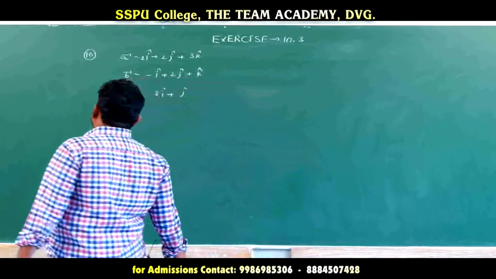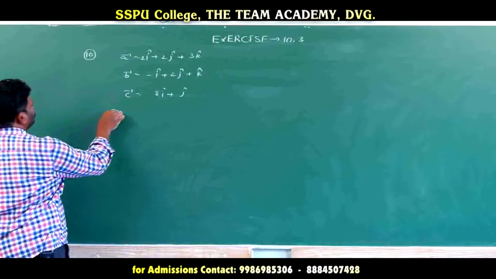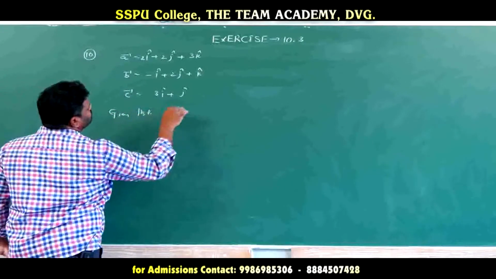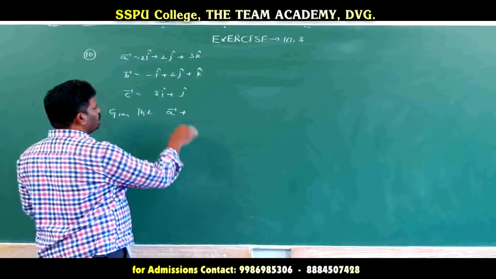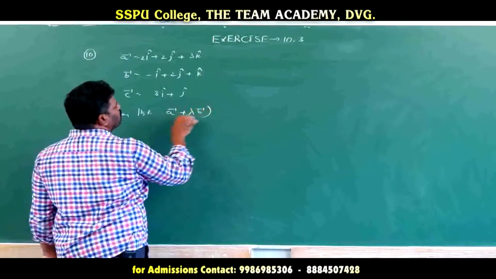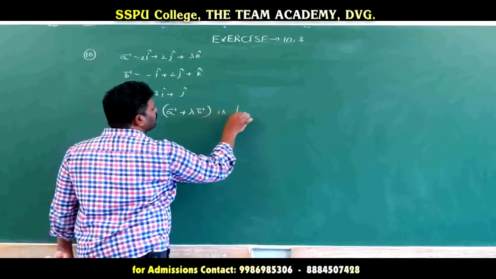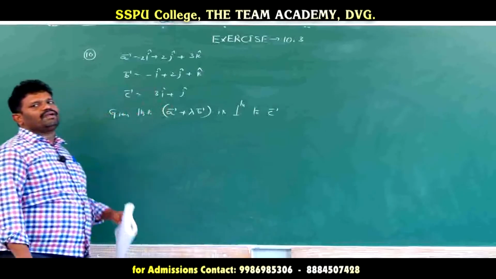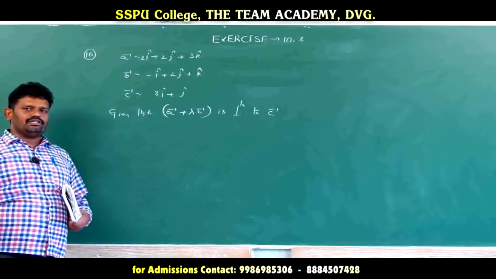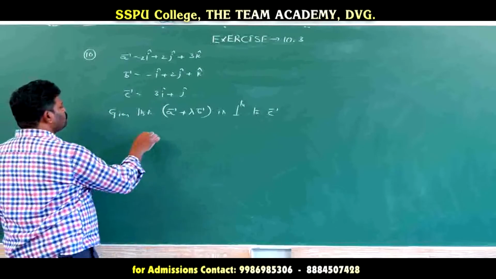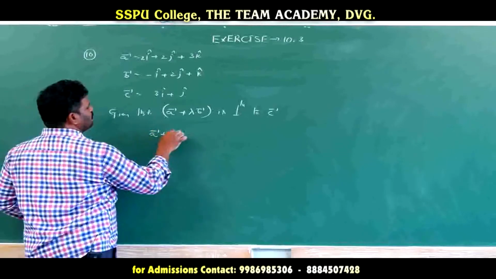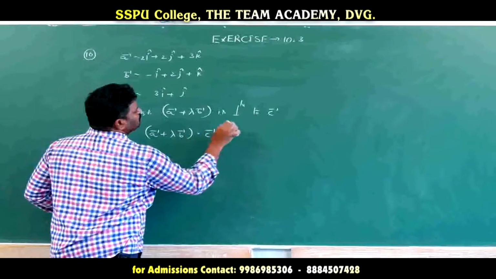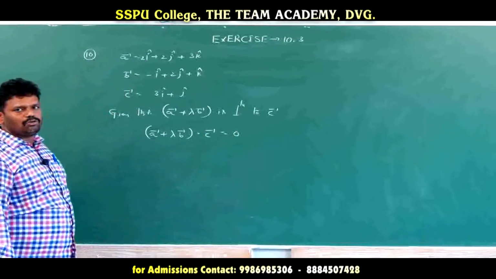So the given condition is that a bar plus lambda into b bar is perpendicular to c bar. Two vectors being perpendicular means their scalar product is equal to 0. So a bar plus lambda into b bar dot c bar is equal to 0.